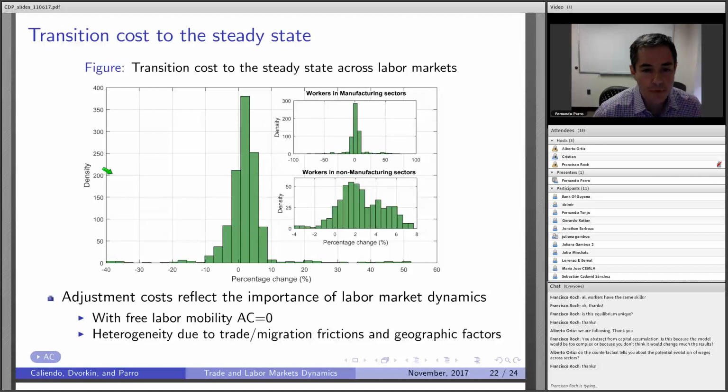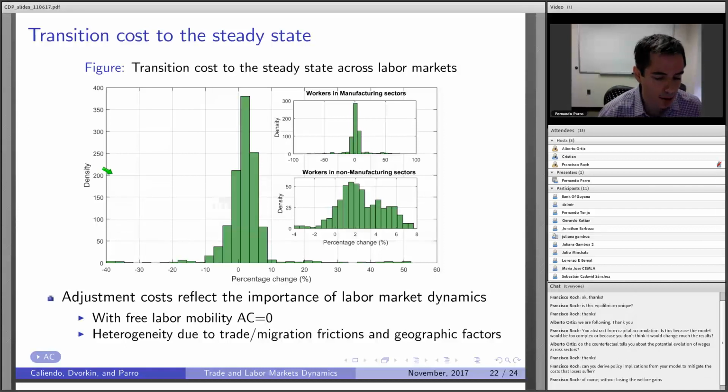Here we compute the transition cost. The meaning of the transition cost is how much welfare is lost across labor markets because the economy does not jump immediately to a steady state.